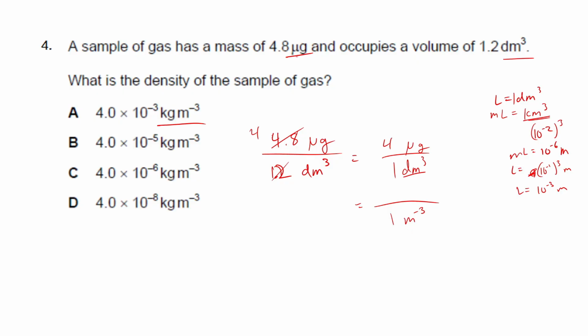And then now we have to figure out the micrograms. So I know that it goes from kilograms, right? And then to grams. I know micrograms is smaller. So we have like hectograms, centigrams, milligrams. Milligrams is 10 to the negative 3.